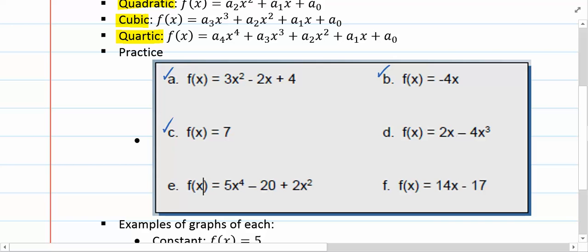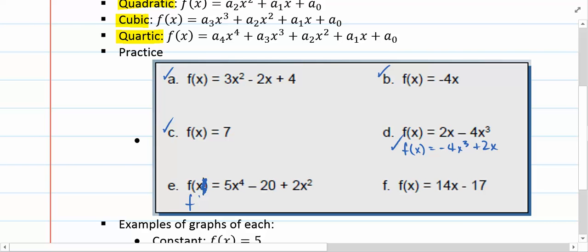Option D, however, needs to be reorganized a little bit, and I would say that this is f of x equals negative 4x cubed plus 2x. We write it this way so that the function's now in standard form. For option E, ignore that little extra mark there. That should just be f of x.